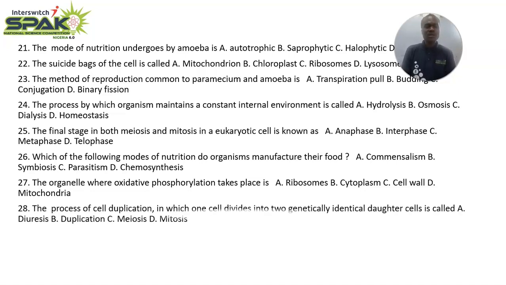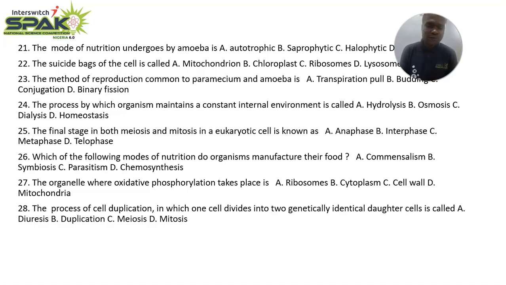Next question says the process of cell duplication in which one cell divides into two genetically identical daughter cells is called dash. A, diuresis, B, duplication, C, meiosis, D, mitosis. Of course, diuresis is talking about being diuretic, when somebody excretes excess amount of water at a time.